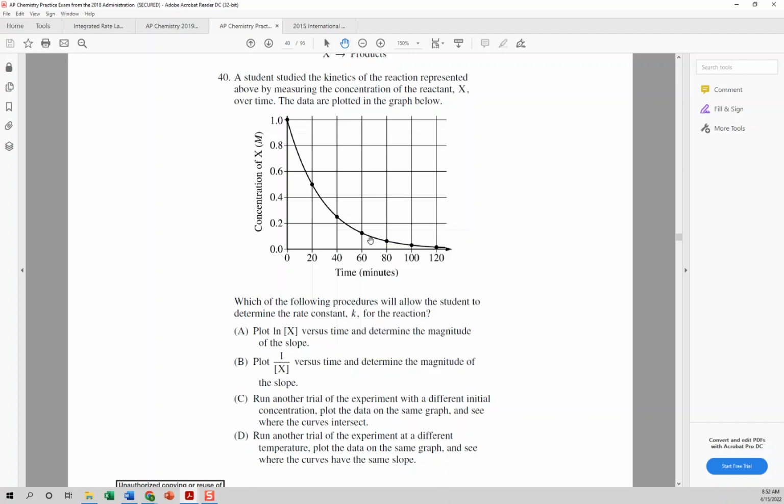And 0.125 to, what would that be? 0.0625 took another 20 seconds. All right, so what happened? The half-life remained constant, first order, so the answer is A.